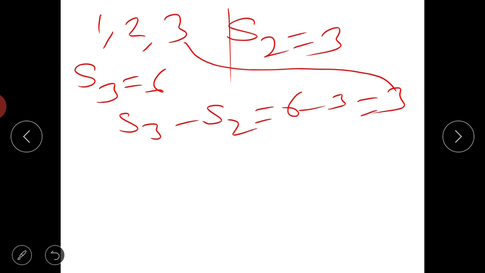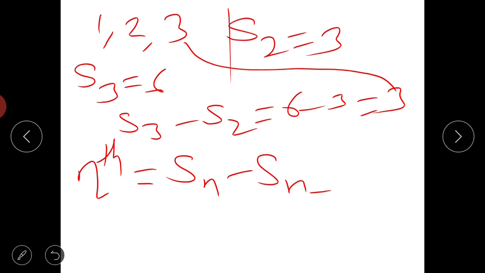In the same way, the nth term is equal to Sn minus the sum one term fewer, n minus 1, so Sn minus 1.